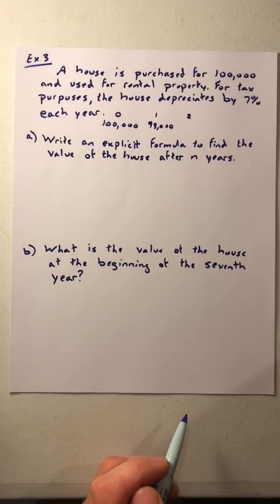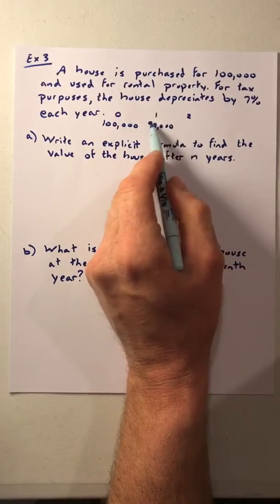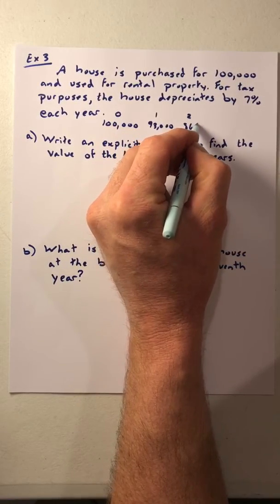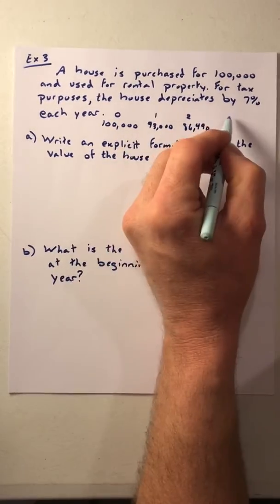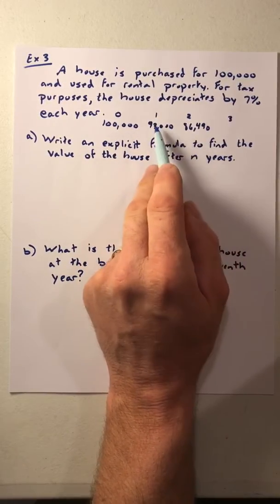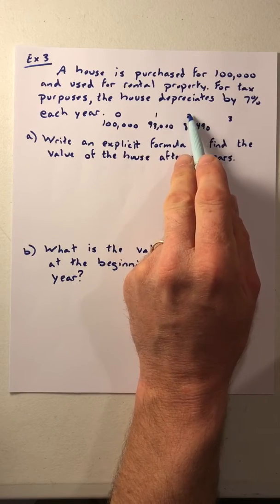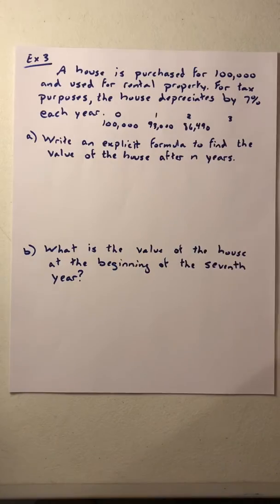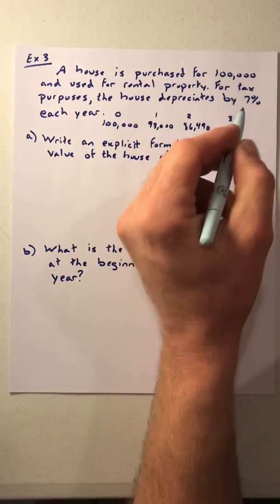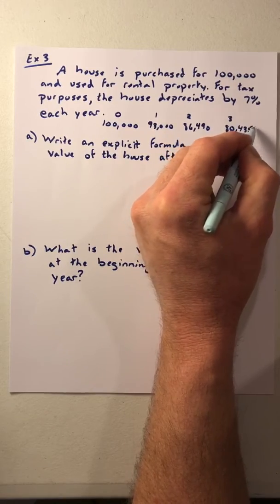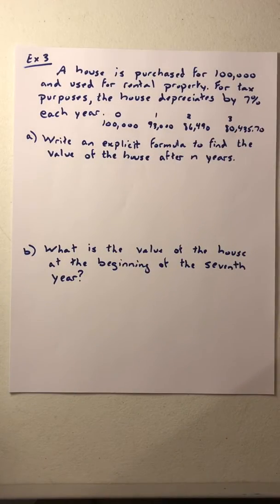My second term is going to be 93% of that 93,000, or 86,490. So at the end of the first year, I have $93,000 value. At the end of the second year, I have 86,490. At the end of the third year, the value will be $80,435.70. And we can continue this out as far as we want.